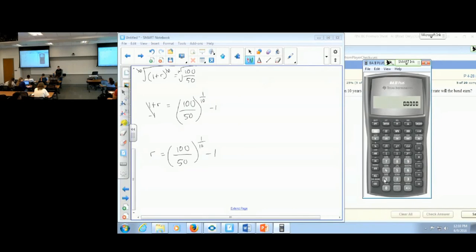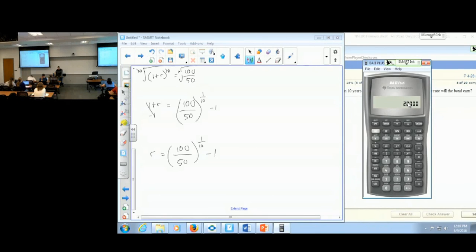Again, if you guys are committed to using the BA II Plus, it's a little bit funkier than using a scientific calculator, but it can still be done pretty easily. So the way I would enter this is, supposing I had weirder numbers than 100 divided by 50, I can do that in my head, but let's go ahead and type it anyway. 100 divided by 50, and I'll press equals to make it go ahead and do the division for me, or I could have put it inside parentheses.